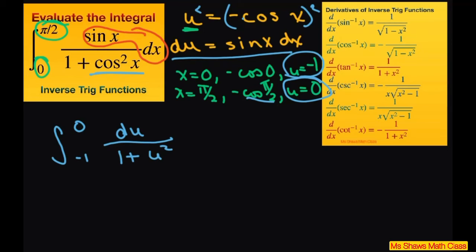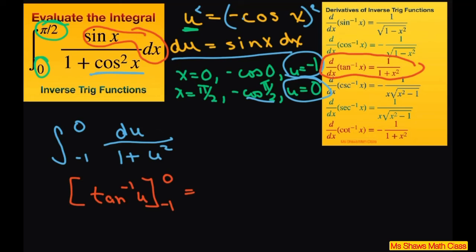So now let's look at what we have. This is really 1 divided by 1 plus u squared. And that is this form right here. So that's inverse tan. So we're going to write this as inverse tan of u, and we're evaluating from negative 1 to 0.